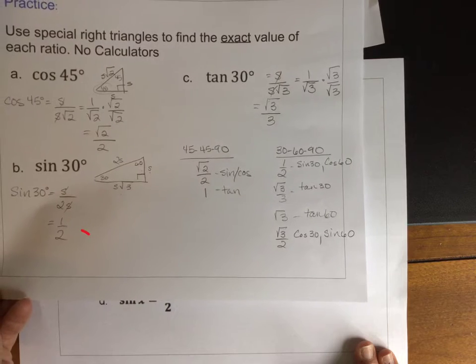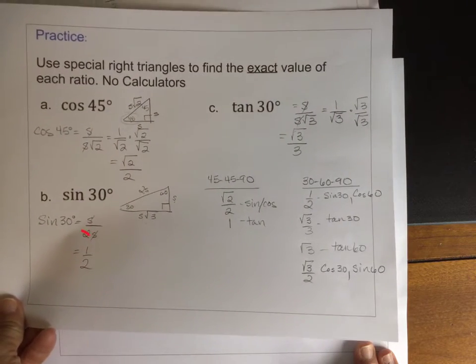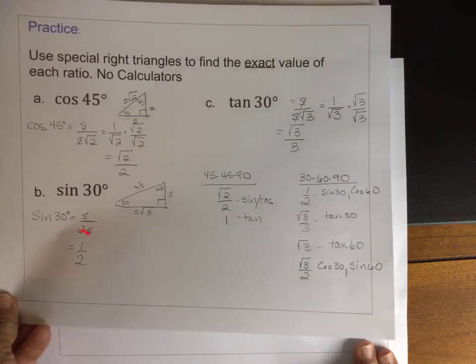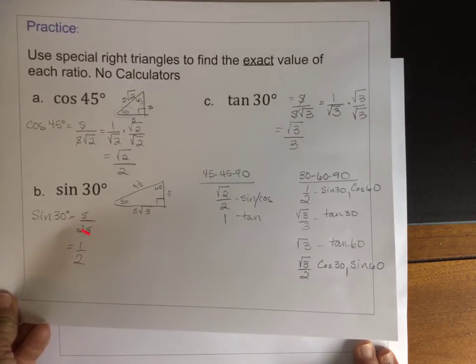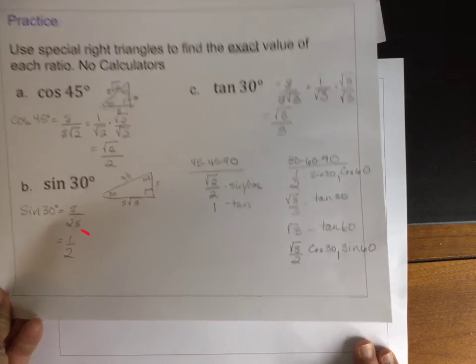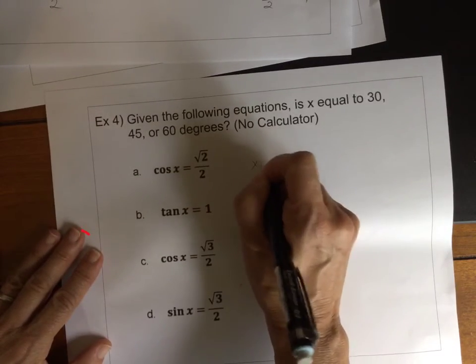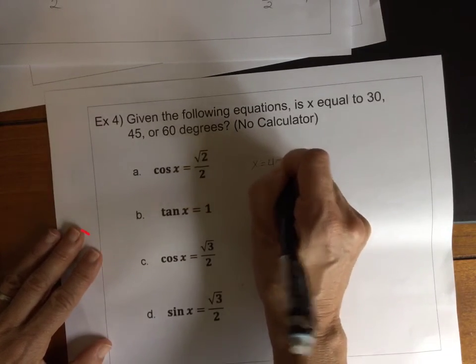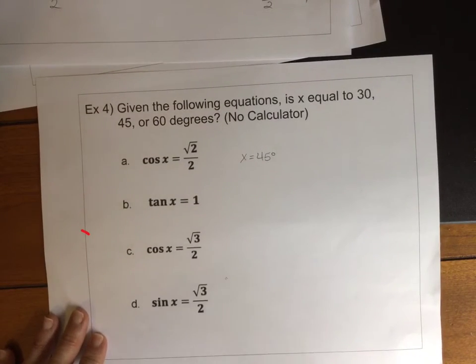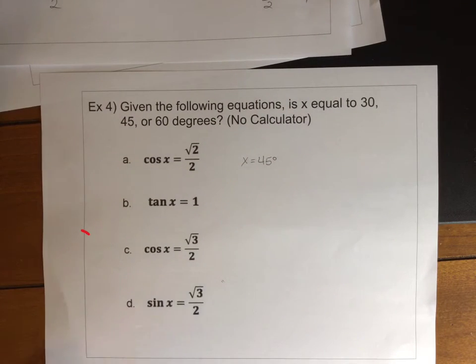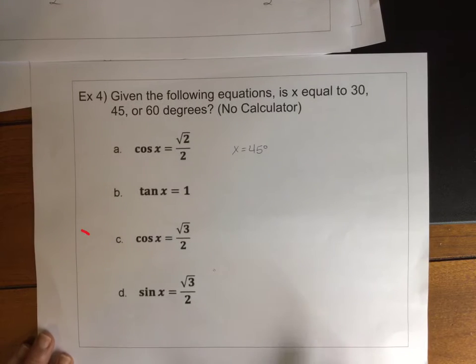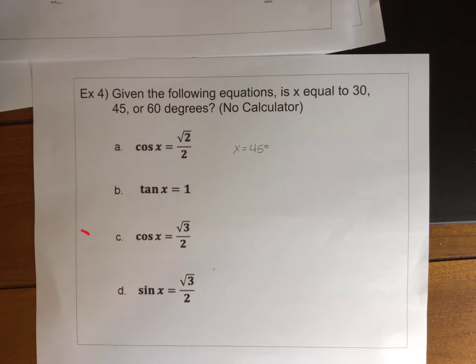Well, it really doesn't matter, but I know it's associated with the 45, 45, 90 triangle. And so either sine or cosine gave me that root 2 over 2. So I'm going to say in this case, x is 45 degrees. If you guys want to go through this little exercise by yourself before I give the answers, go ahead and pause right now and see if you can come up with the same information.